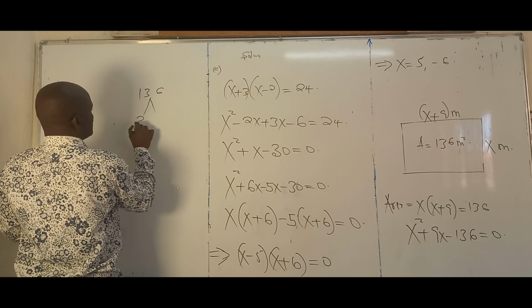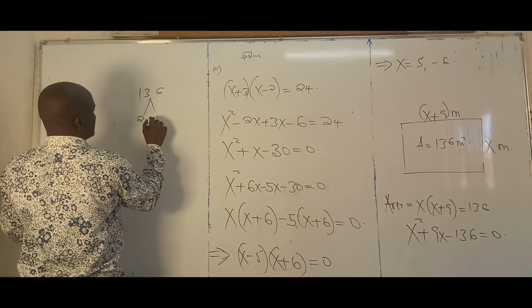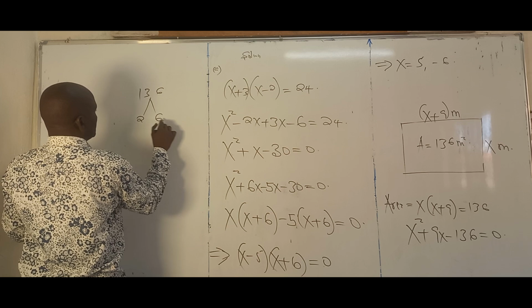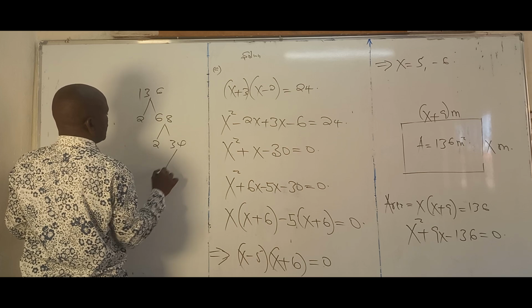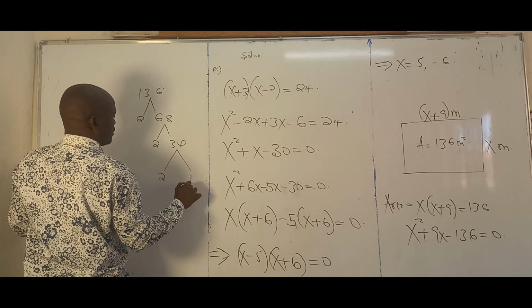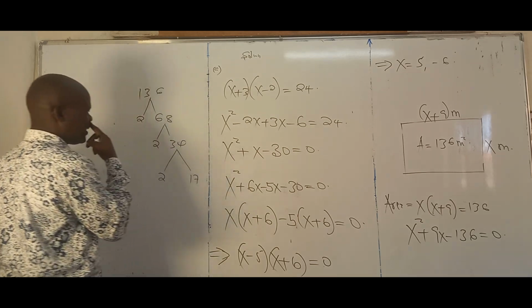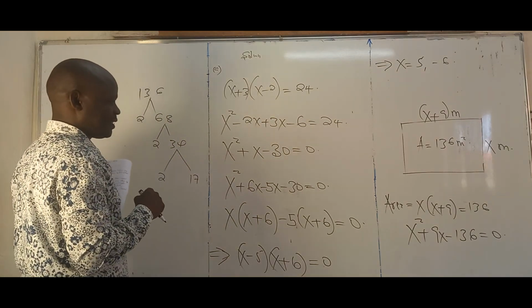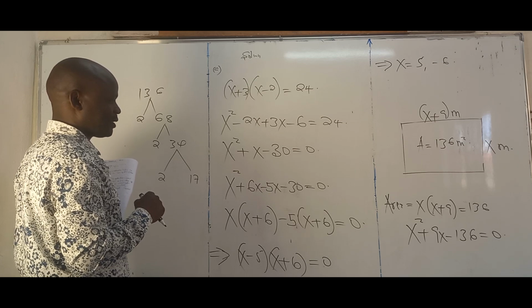If we start with 2, we'll have 68, then 34, then 17. So this is 8 and 17.